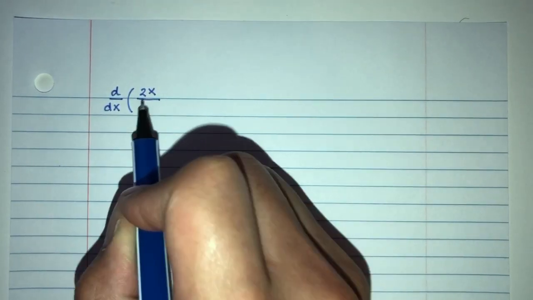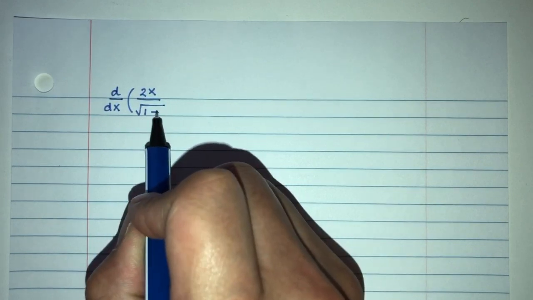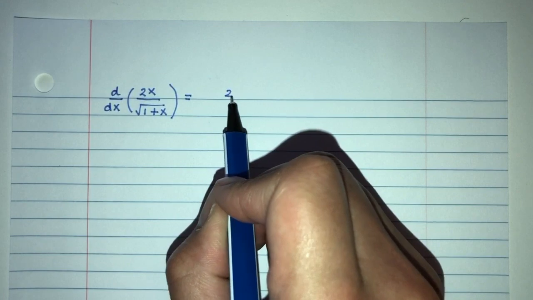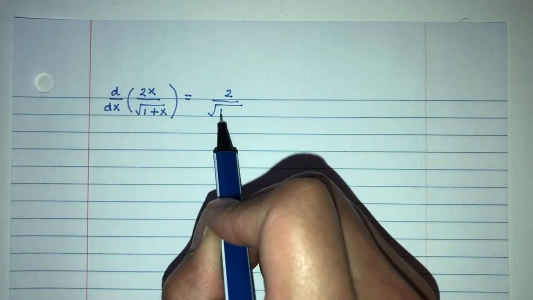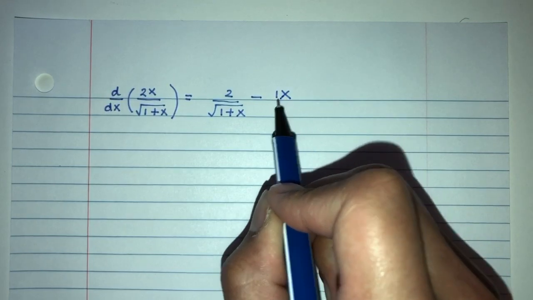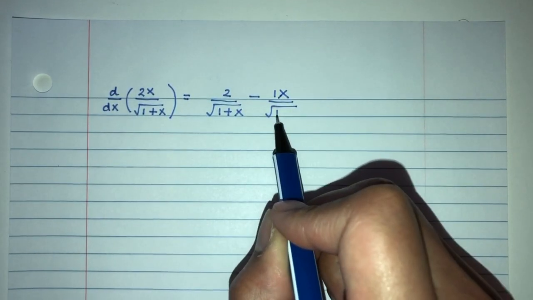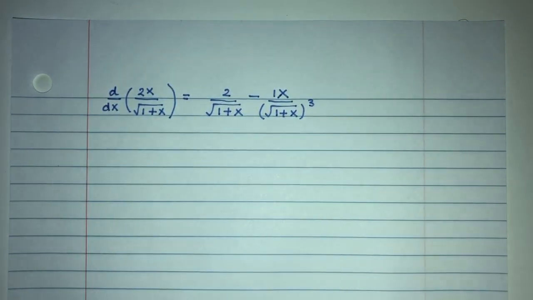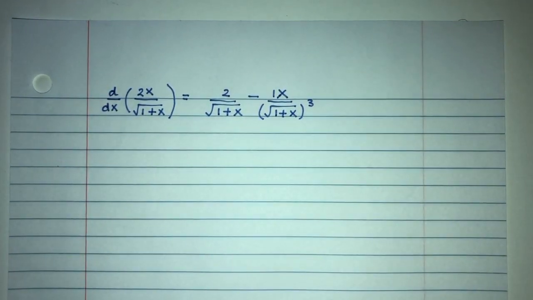If you were to differentiate d by dx of 2x over root of 1 plus x, we see this was equal to 2 over root of 1 plus x minus x over root of (1 plus x) to the power 3. This is what we have found from number 2.